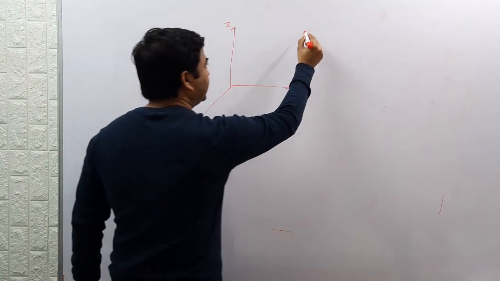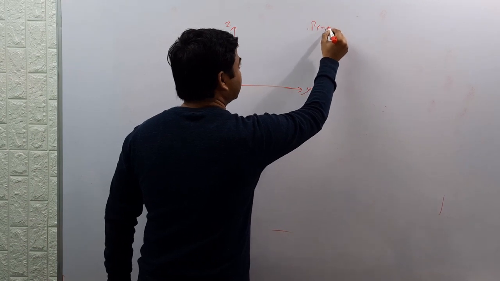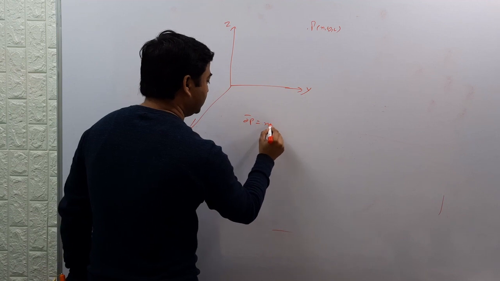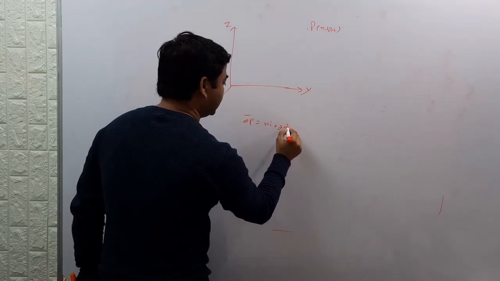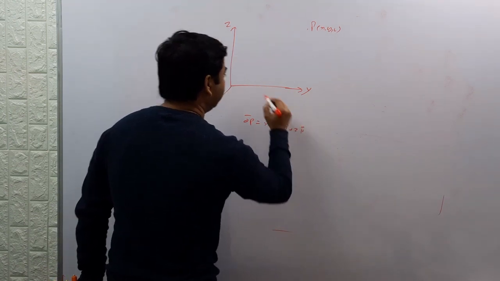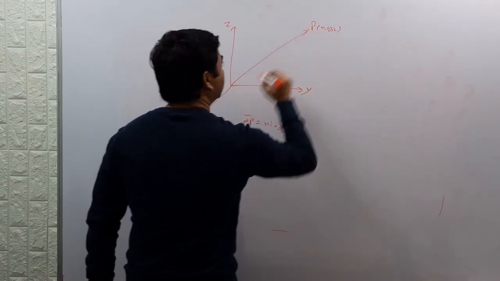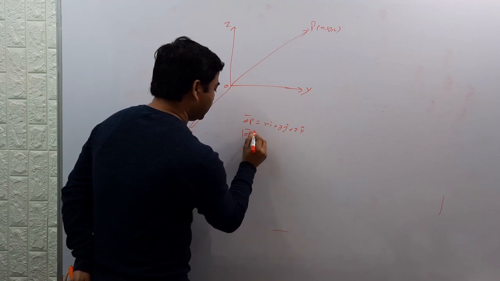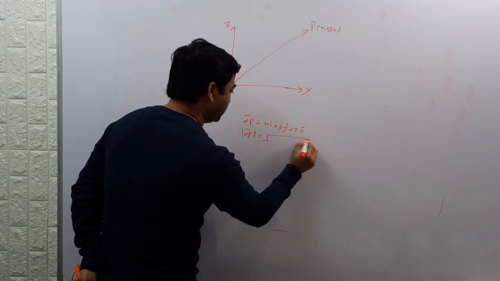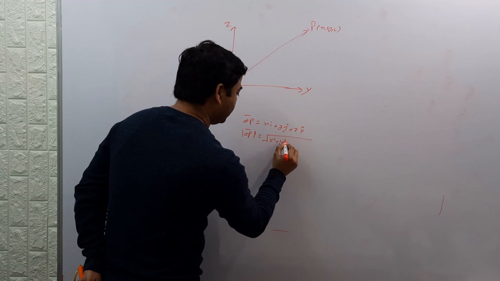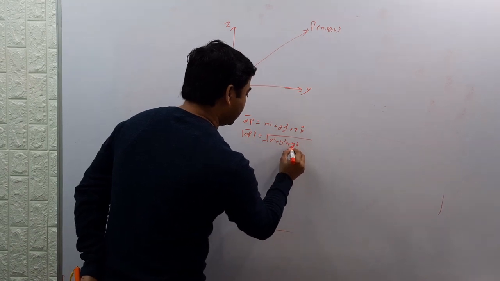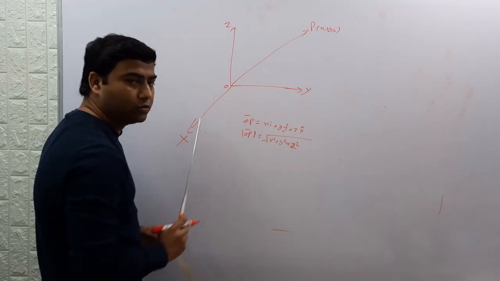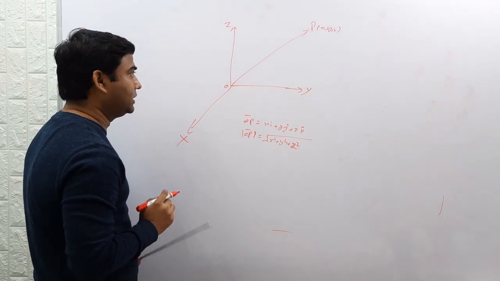So for a point P, x, y, z, OP is equal to xi plus yj plus zk, that we have proved. Mod of OP is equal to under root x square plus y square plus z square, that is the distance of point P from O.